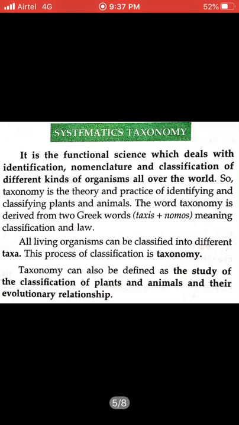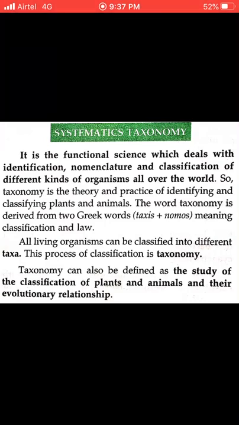When we group certain organisms into certain categories, that process is known as taxonomy. Basically it is a functional science to identify things and name them so that we can identify them properly, and categorize them into certain groups. That's why three terms are used: identification, nomenclature, and classification. This is how things are done.